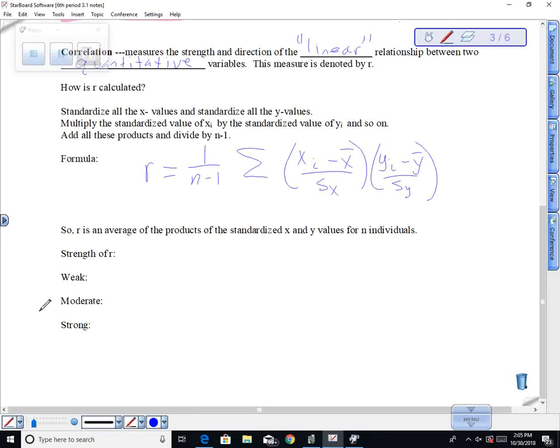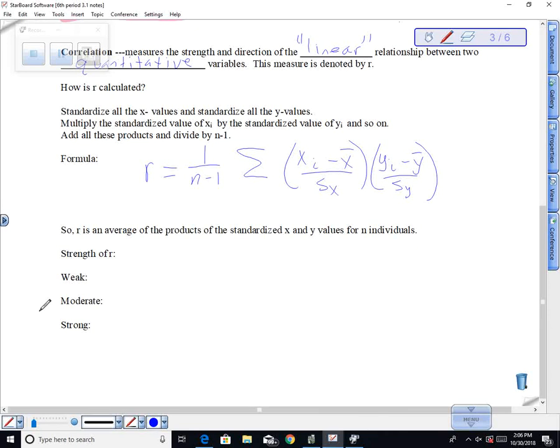When we're eyeballing scatter plots, it's really hard to tell how strong they are. R allows us to measure how strong it is, but it's really just the linear relationship. R doesn't tell us how strong the curve is, but it will tell us how strong the linear relationship is.